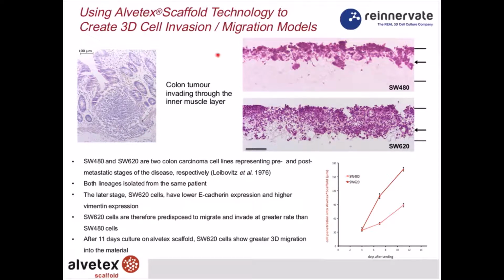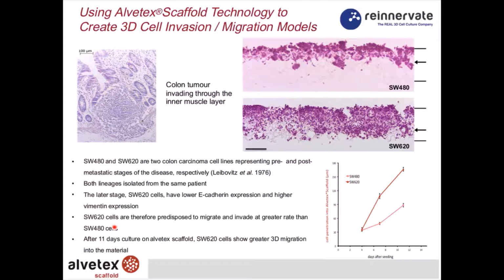To study this in vitro, we have two well-known cell lines, SW480 and SW620. These represent pre- and post-metastatic stages of the disease, respectively, and they are isolated from the same patient. The 620 cells have a lower E-cadherin expression and higher vimentin, and therefore one would predict that they are more predisposed to migrate and invade more than the 480 cells.